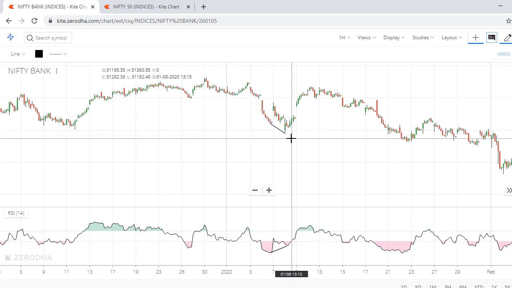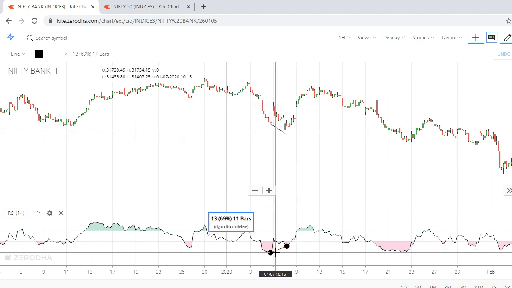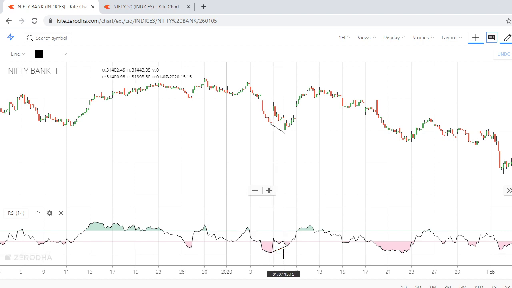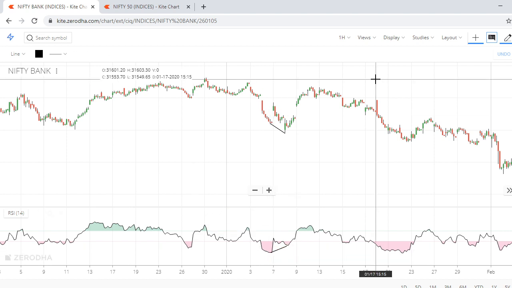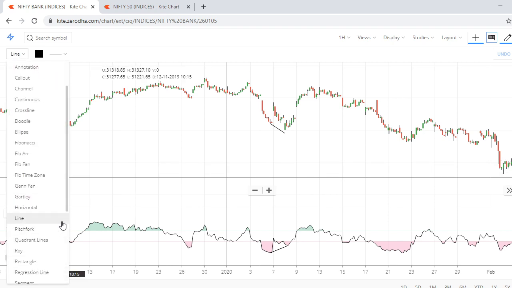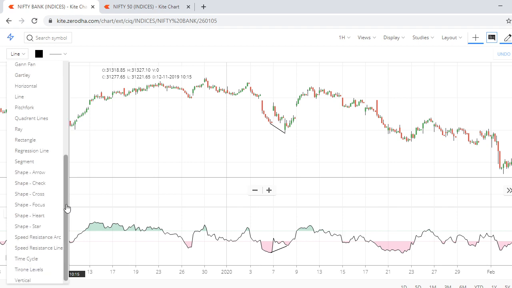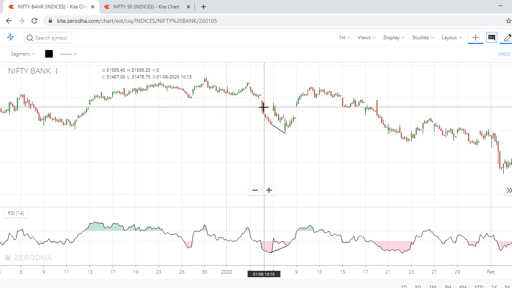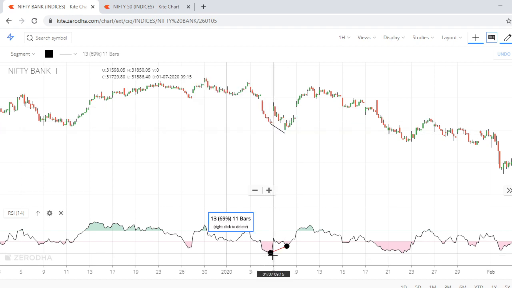So the price is coming down, but the RSI is going up. From here to here, RSI is going up. Okay, here the price is coming down, the RSI is going up.